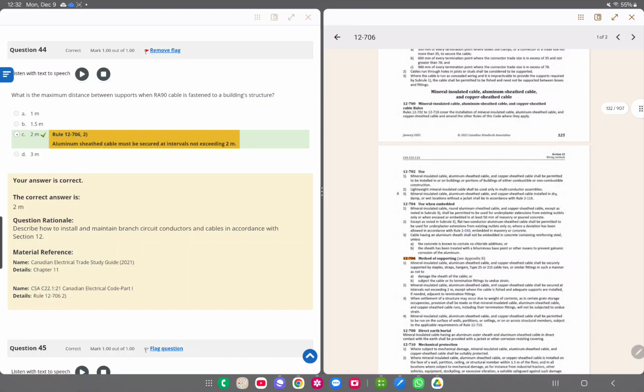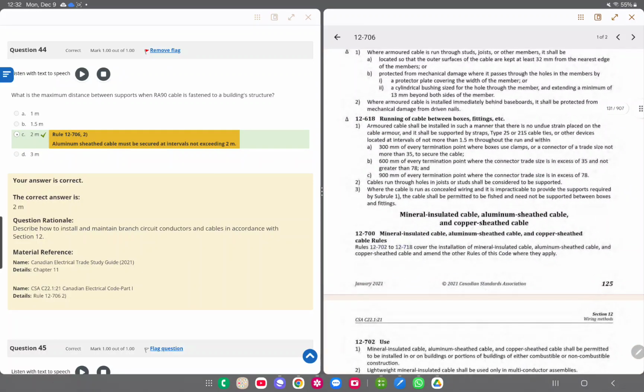So RA90 falls under this. I found that out by going to table 19 and looking for RA90, and then it brought me over to rule 12-706.